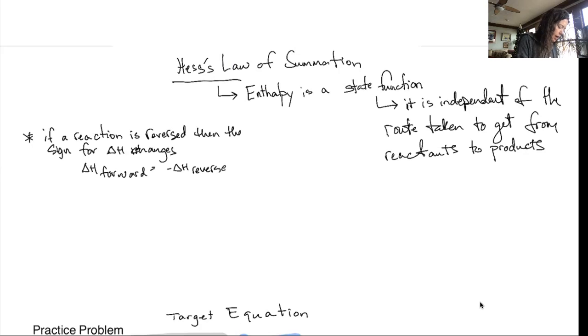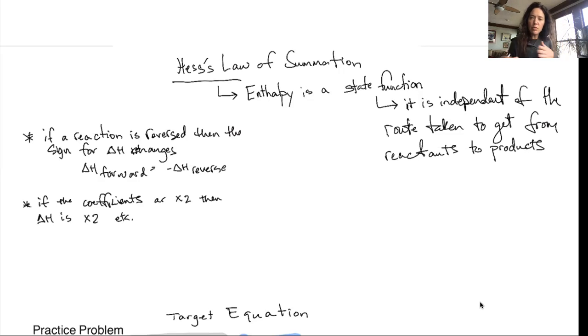And if the coefficients are multiplied or divided, multiplied by 2, then delta H is also multiplied by 2, etc. Whatever you do to the coefficients, you also do to your delta H value.